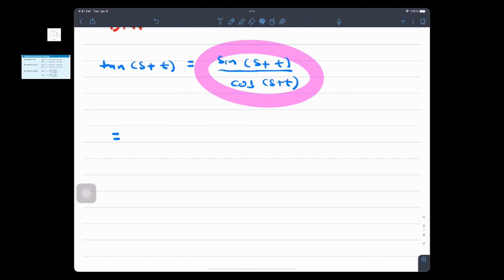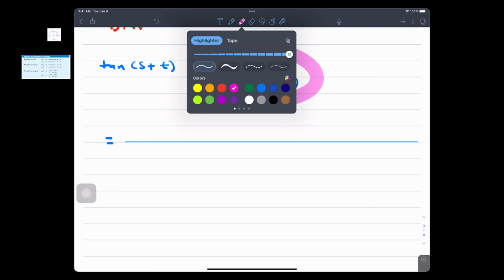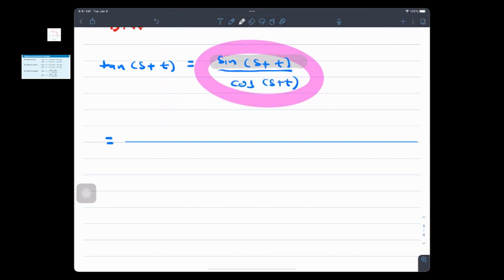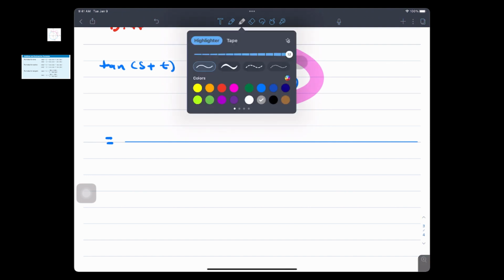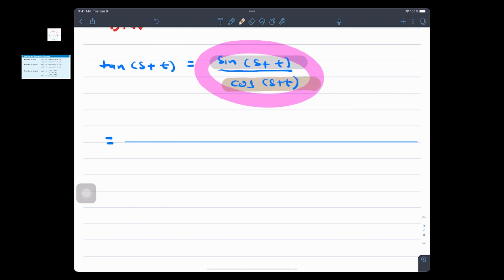We're going to put that numerator here. All right, so think of it this way. You got that numerator, and we have a denominator here. I'm going to prove this stuff.